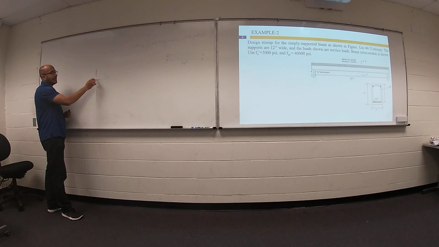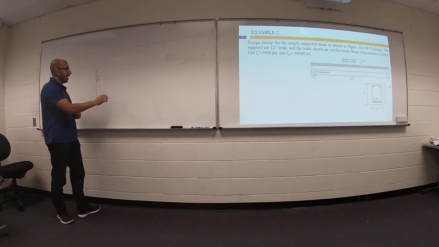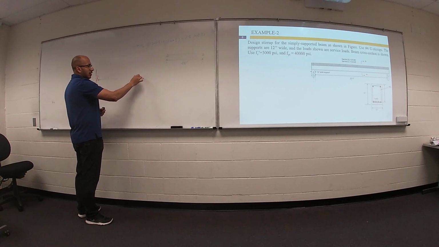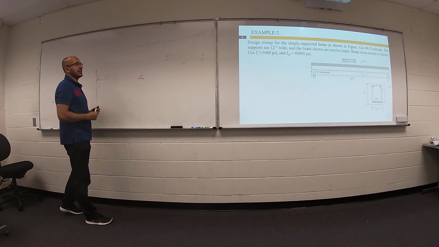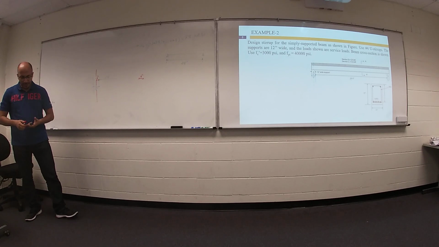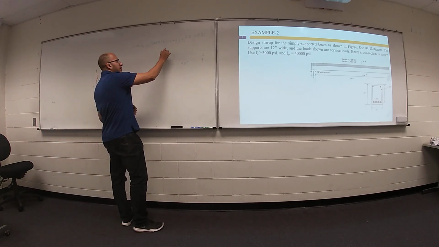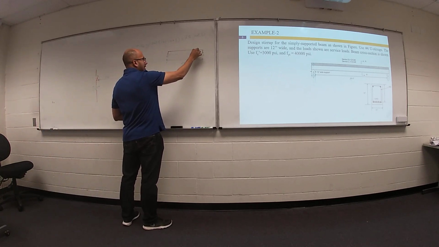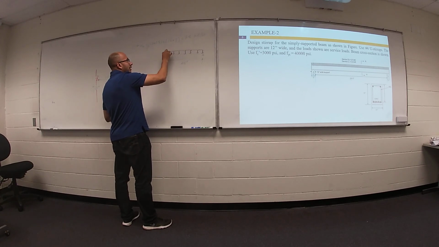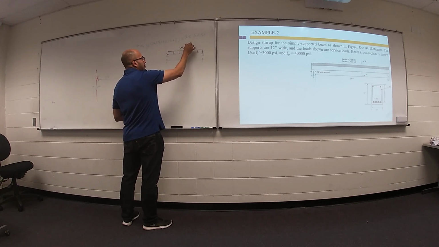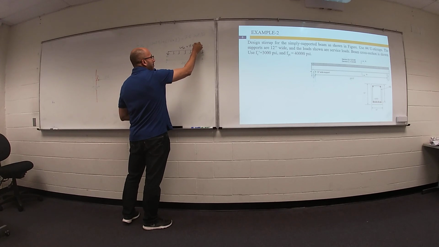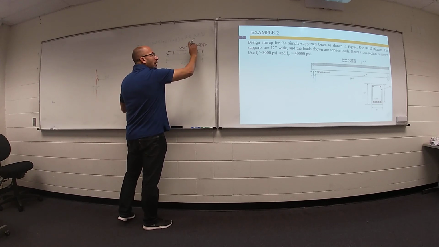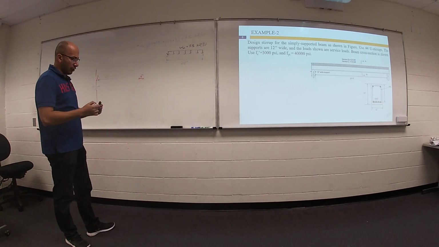So we need to add 6 inch from this side and another 6 inch for the other side, which is 1 foot. Anyway, we have uniform distributed load from dead and live equal 7.8 ultimate kip per foot. Nothing else, only distributed load.